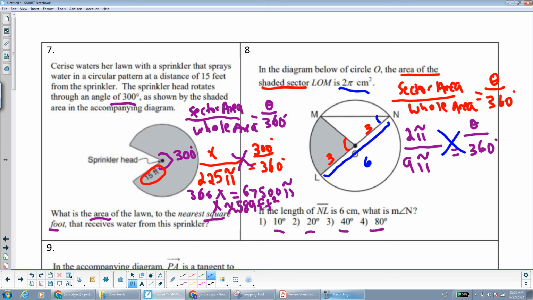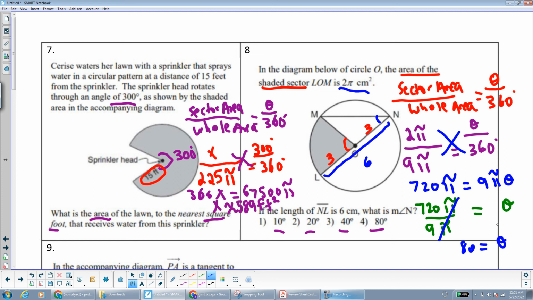So that's 720 pi is equal to 9 pi times theta. Dividing both sides by 9 pi, we have 720 pi over 9 pi. There's a pi in the numerator and the denominator, so the pi's cancel out. And 720 divided by 9 is 80.